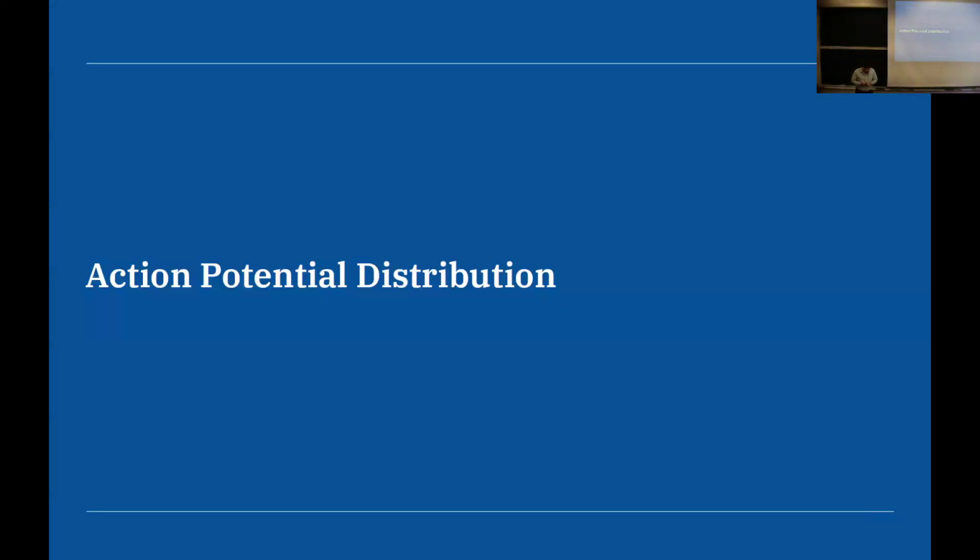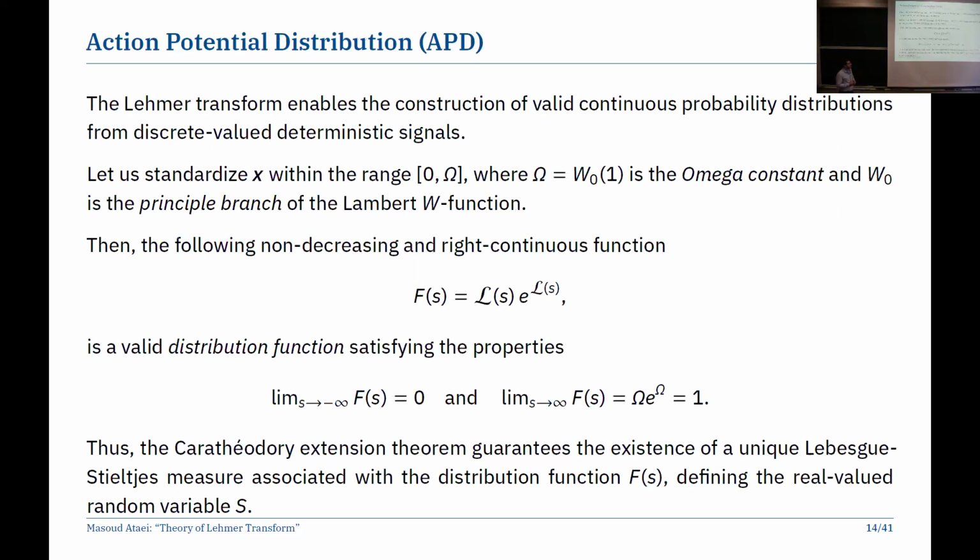Okay. Let's see how we can use the Lehmer transform to construct continuous probability distributions using discrete value deterministic signals. We consider a form of function where the Lehmer transform gets multiplied by e to the power of the transform.